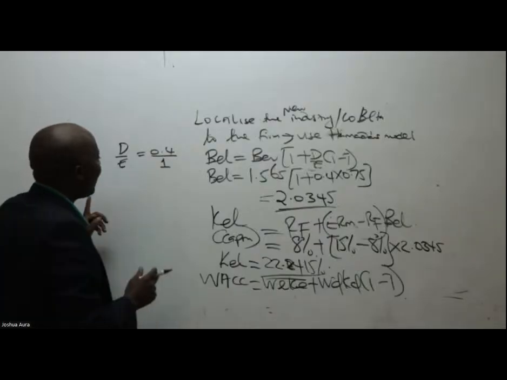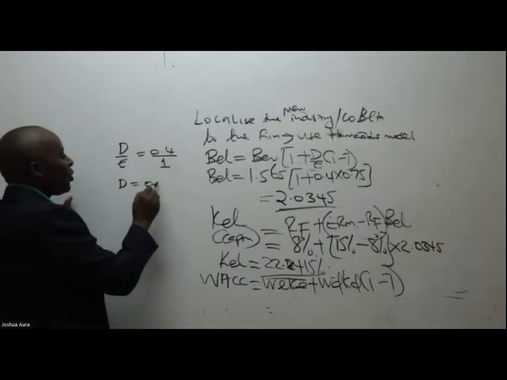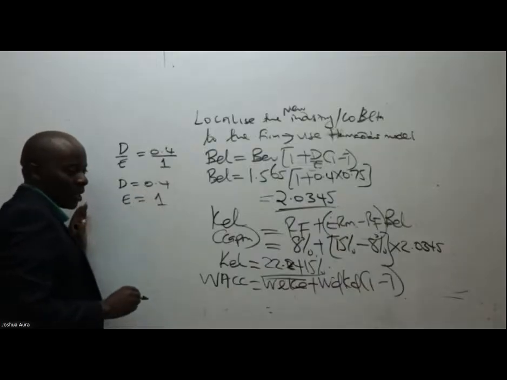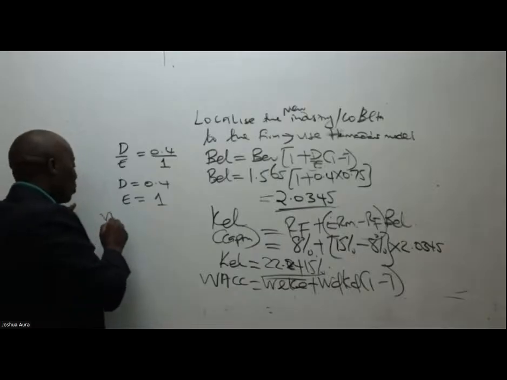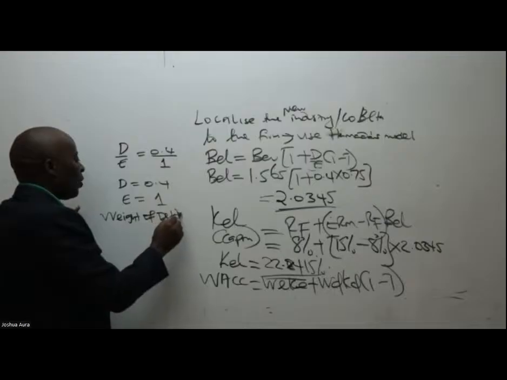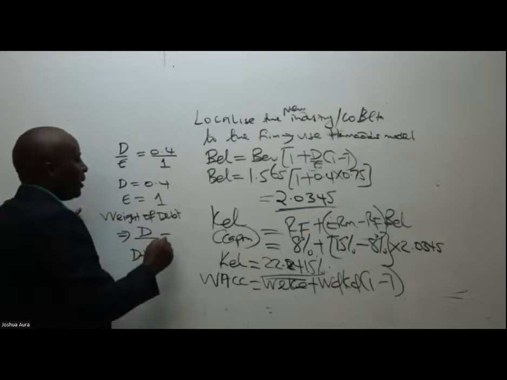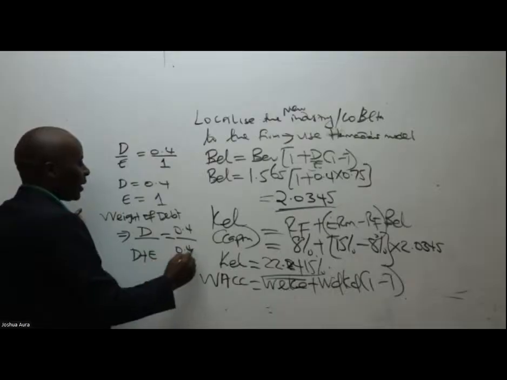So debt, in short, is 0.4 and equity is 1. To get the weight of debt, it will be debt over debt plus equity: 0.4 over 0.4 plus 1.